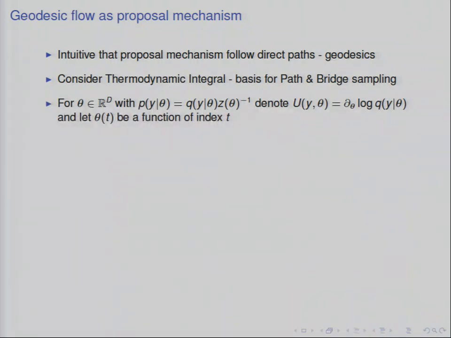But as I said, I think that would be a whole lecture on its own, and I can't go into it. But suffice to say that it turns out to be another Monte Carlo estimator, and the variance of that estimate turns out to be a function of the path in the distribution space, so the path from the prior to the posterior that's taken.